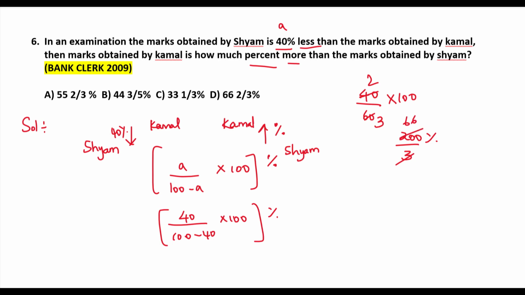There's no need of doing the whole mixed fraction thing, just compare the options and your answer. Here you got 66. Your answer is D. The answer is D, 66 2 by 3%.